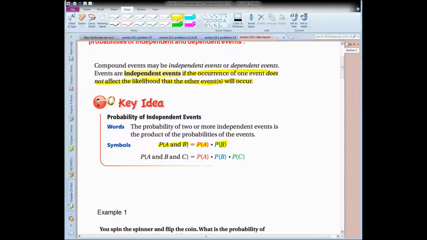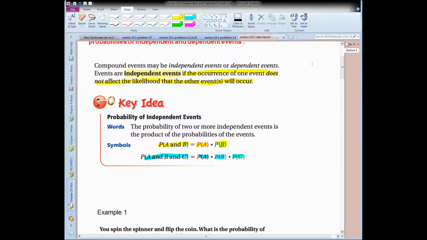It doesn't matter how many events you have. Here, with A, B, and C, I would find the probability of A, of B, and of C, if A, B, and C are independent events. That means one of them happens, and that does not affect the likelihood that the other ones will happen.